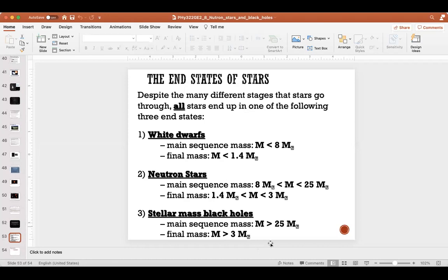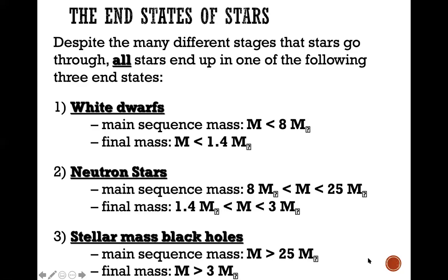Right. So we have finally come to the end of this process of star formation. And with this one slide at the end, I will just summarize all the end states of stars, right? Remember, we started from the main sequence, and then depending on the masses, we had different endpoints for different stars.